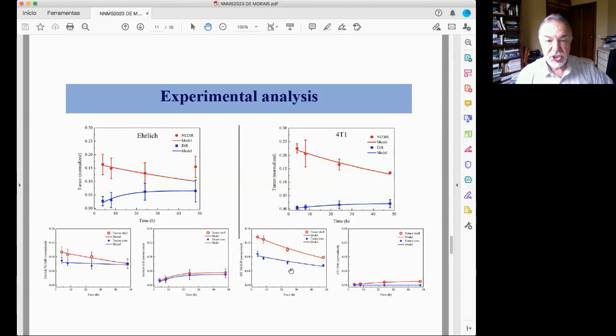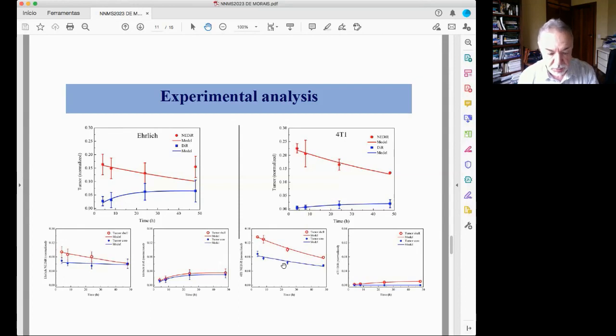And we see the same trend splitting the tumor in core and shell. So it is important to stress here that symbols are experimental data, and the solid lines, red and blue, are the best fitting using the equations for a series transfer from different compartments here.